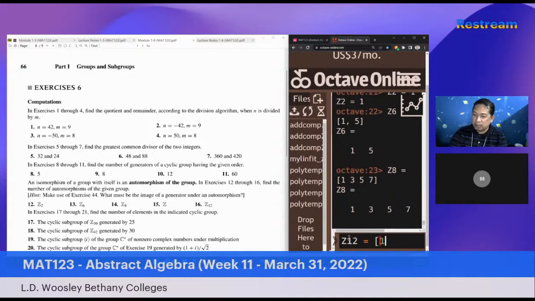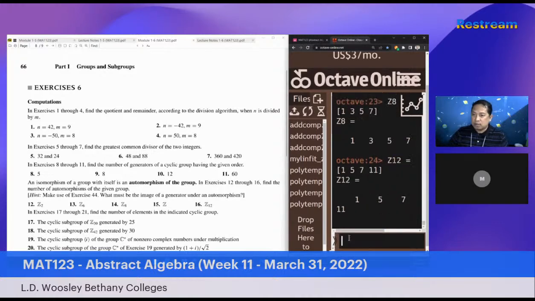So anong component niya? 1, 5, 7, 11. So that's 4 automorphisms. Okay, so sige.